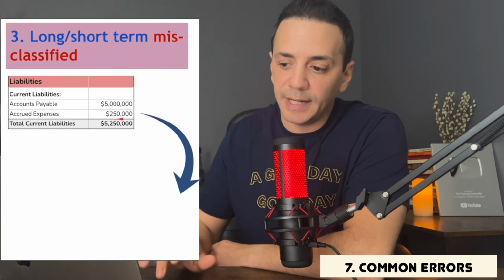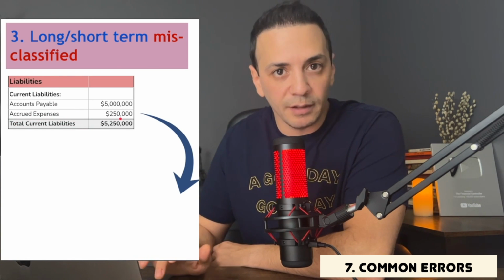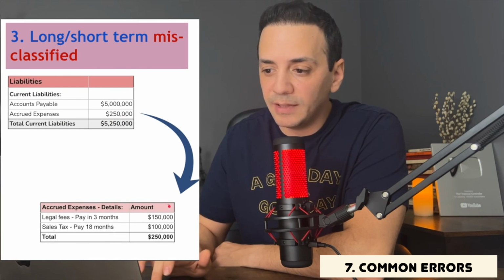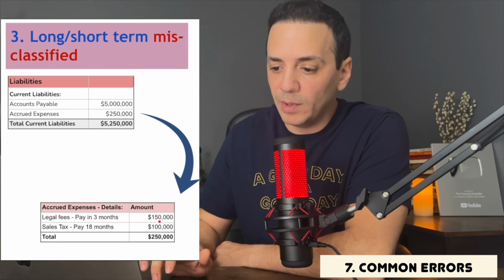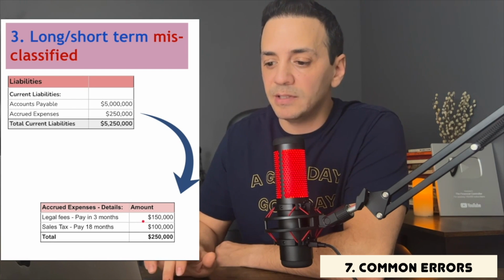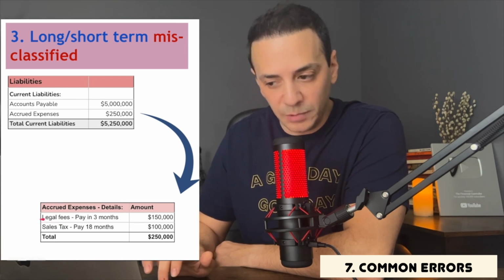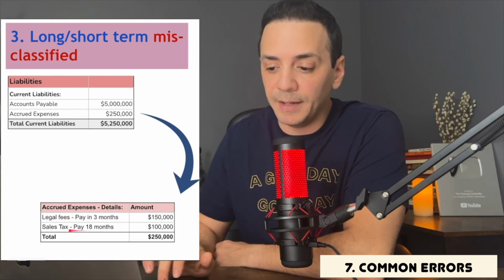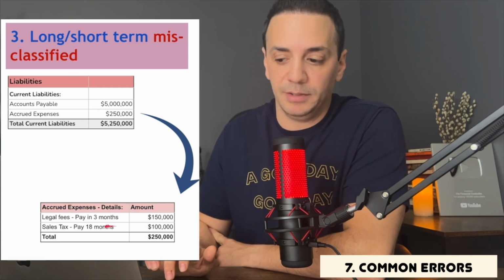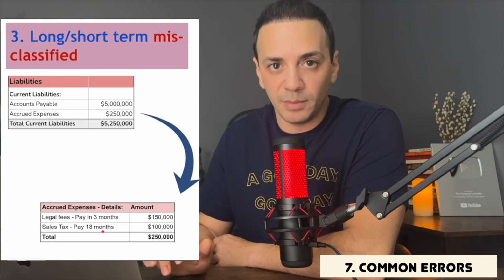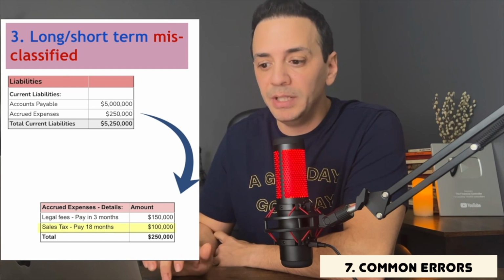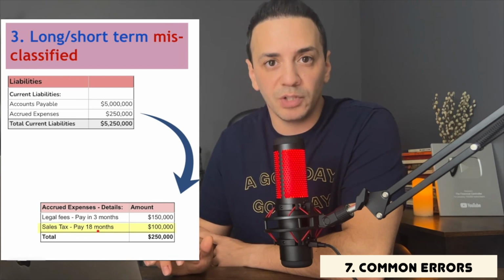What we need to do in this case is take a look at the underlying detail, usually in Excel, what's inside of the $250,000. In this case, when we look at the table, we'll see legal fees that are going to be paid within 3 months for $150K, and sales tax for $100K that's going to be paid within 18 months, right? So this is a longer term liability, right? It's sitting under current liabilities by accident. It should be reclassified as a long-term liability, right?